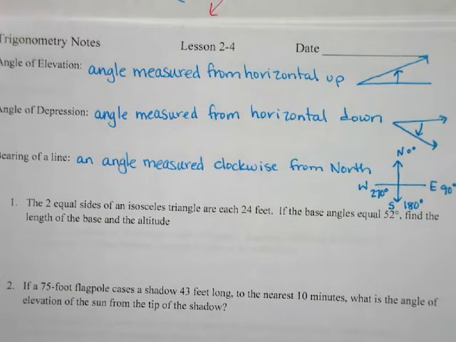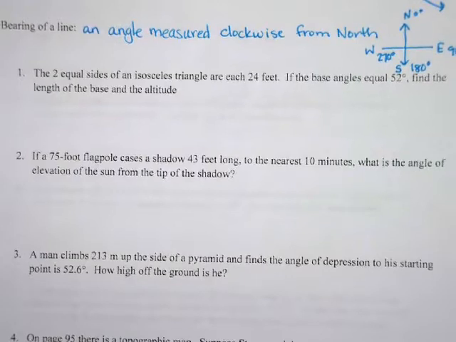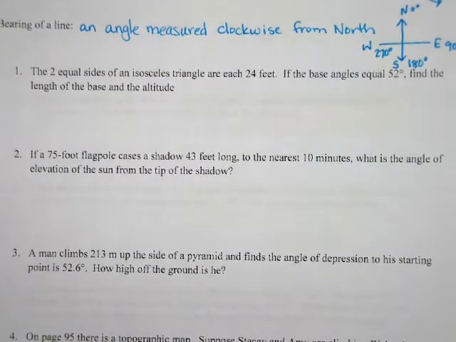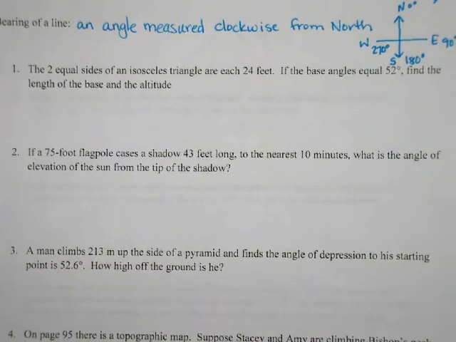Number 1. Let's look at number 1 and let's go ahead and just work through these word problems together. So it says the two equal sides of an isosceles triangle are each 24 feet. If the base angles equal 52 degrees, find the length of the base and the altitude. All right, first of all, we have got an isosceles triangle.